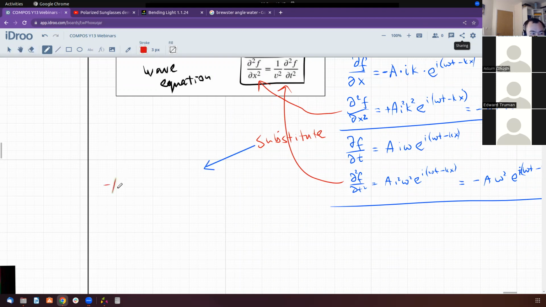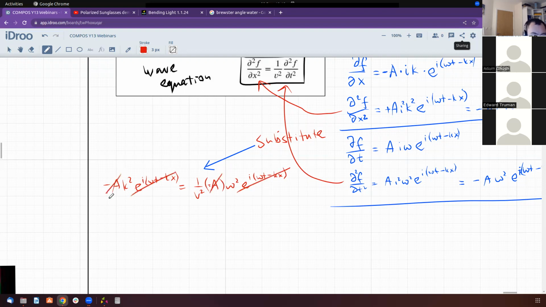We have minus a k squared e^(i(omega t minus kx)) equals 1 over v squared multiplied by minus a omega squared e^(i(omega t minus kx)). This cancels.